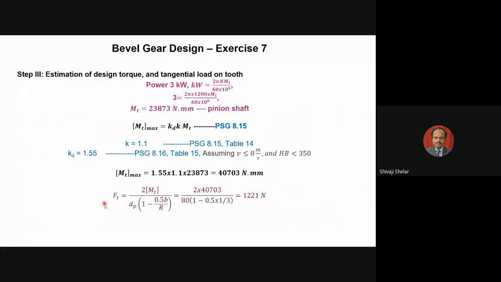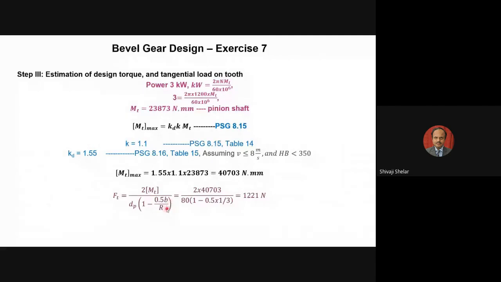So F_t is equal to 2 M_T upon d_p into (1 minus 0.5 b by r). This formula is available in the design data book also. From this you can calculate the tangential load. We now have the design torque value as 40,703. Then d_p, the approximate pinion diameter, we have taken as 80 mm, which is given in the problem. Then 1 minus 0.5 into b by r.